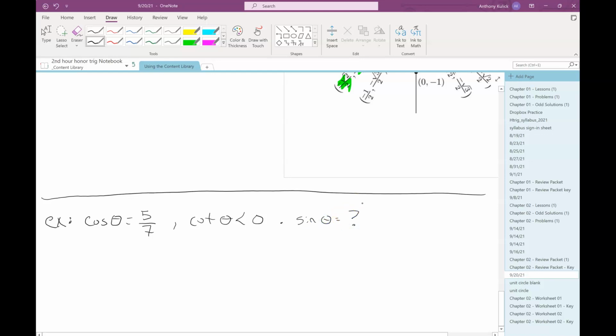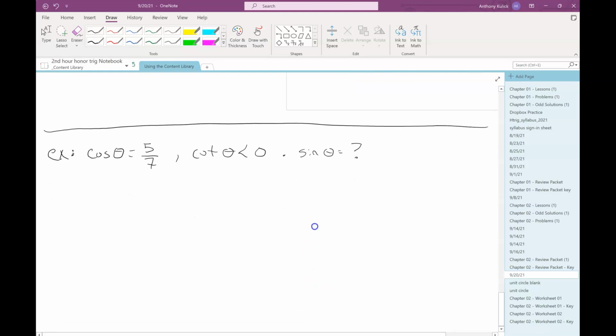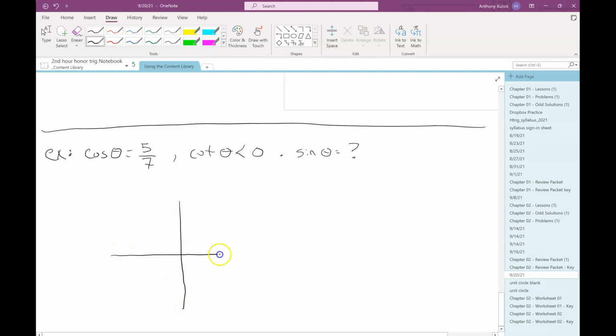So here we're told that cosine theta is 5/7 and cotangent is negative, and asked to find the value for sine. So let's start by kind of drawing a picture. So I know that cosine is x over r.